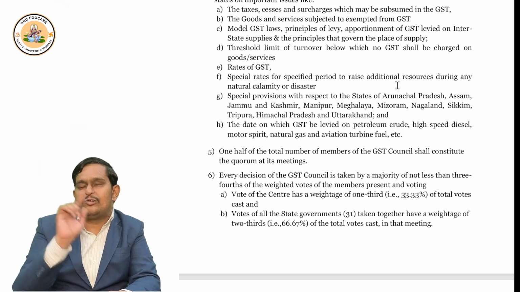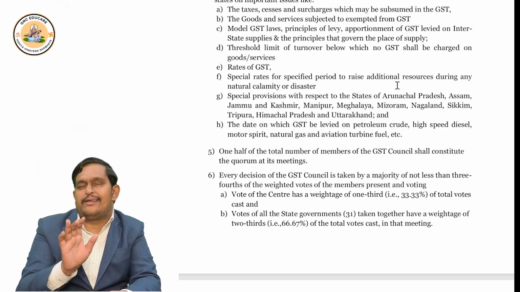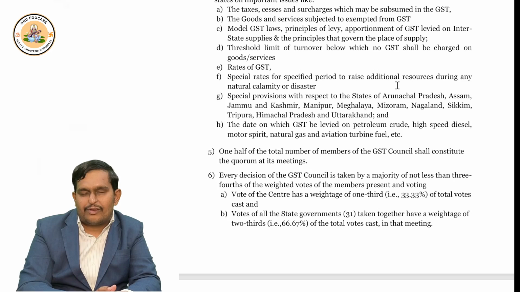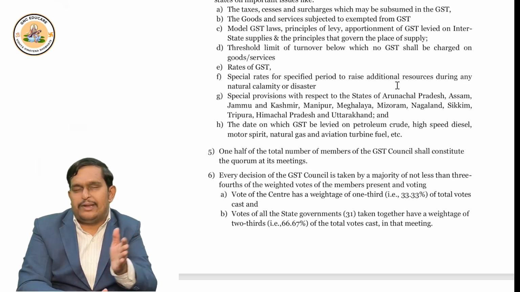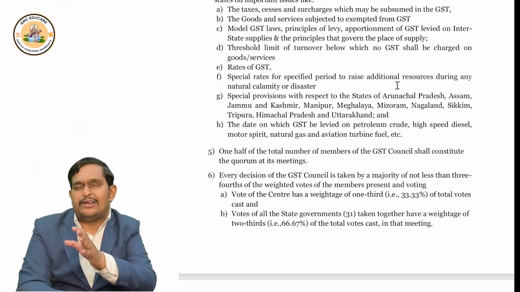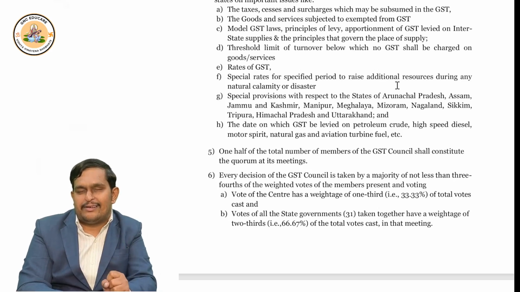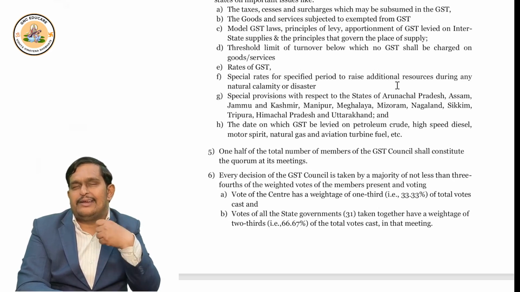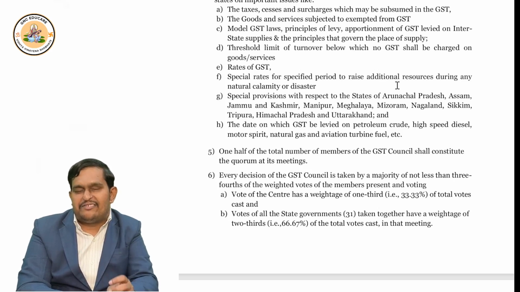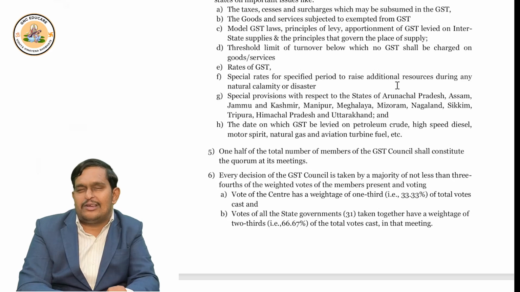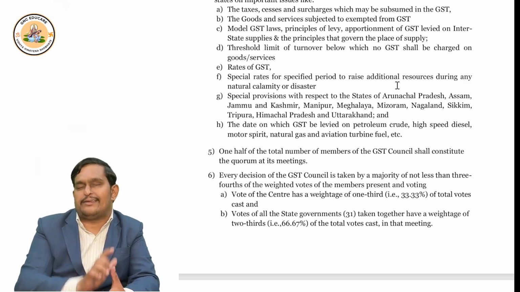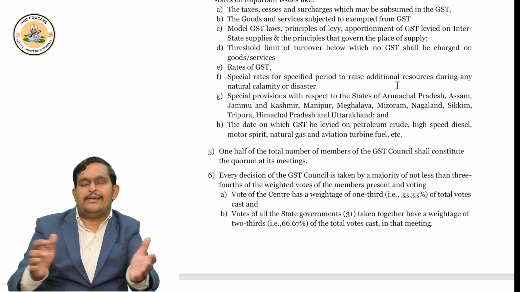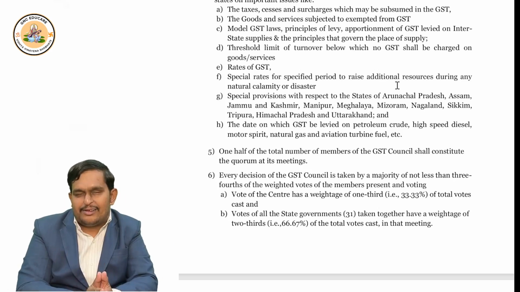And all the states together have 66.67% vote. So this 33.33 plus 66.67 together becomes 100%. And if 75% of that votes in favor, then the decision is passed. If 75% weighted vote is not there, the decision is not passed. That's how the GST council works.